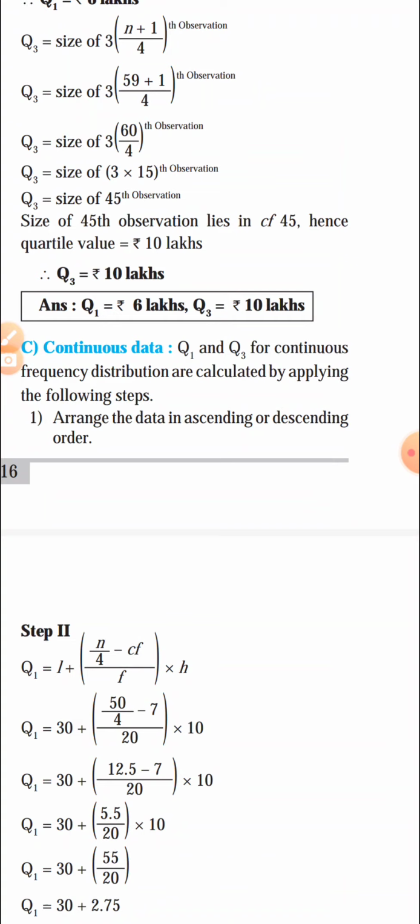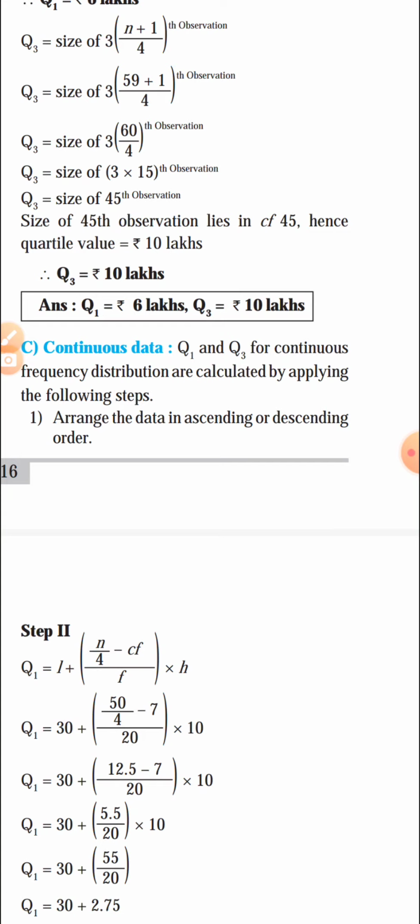For example, to find out Q1, Q2 and Q3, we are required to follow these steps. First step, arrange the given data in ascending order.